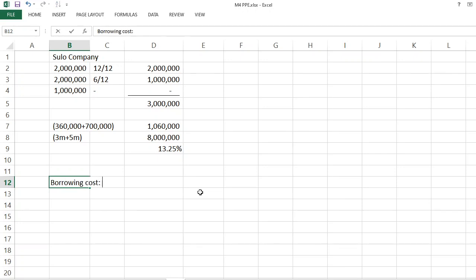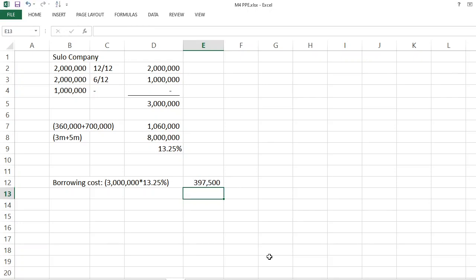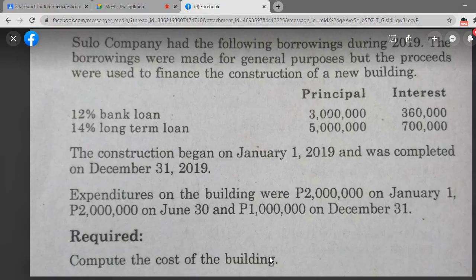Borrowing cost is simply the average expenditure, which is 3 million, times this interest rate that we just calculated a while ago. That's 13.25. Therefore, your borrowing cost is 397,500. But the question is, compute for the cost of the building.